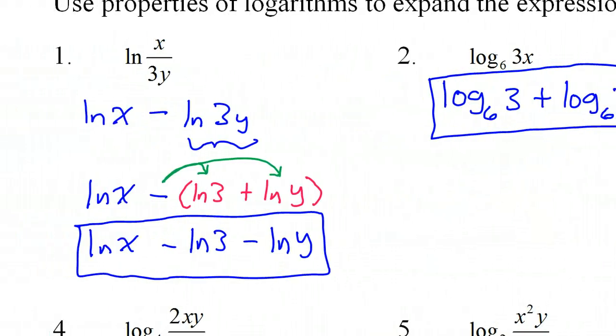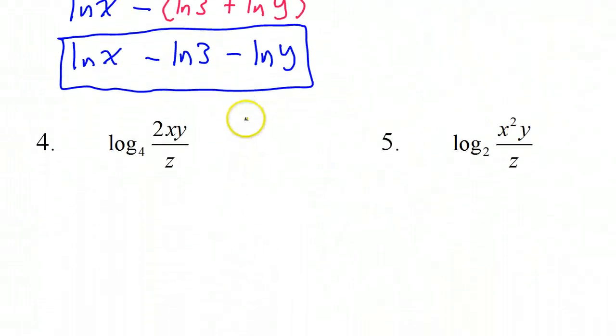Okay, number 4. I see we've got some product going on, some quotient division, but we need to start with the quotient property. All right, the log of the quotient, meaning division, is the same thing as the difference of these two logs.